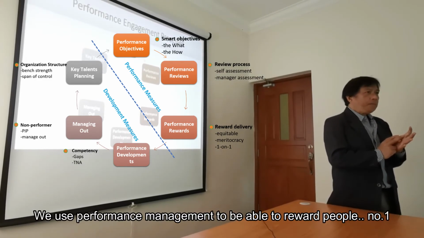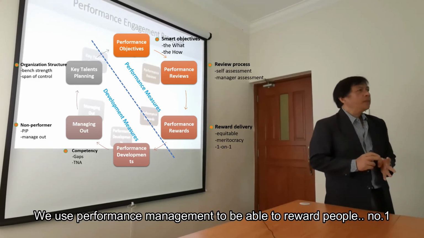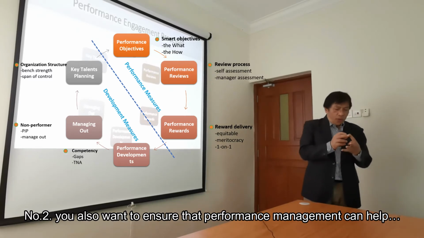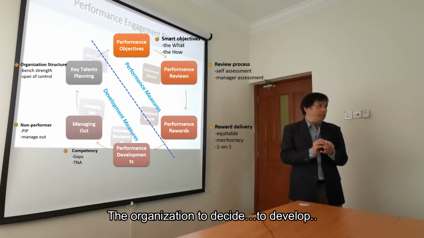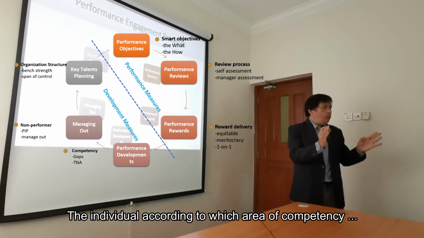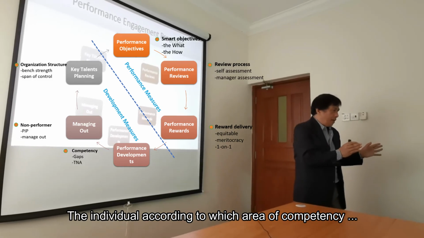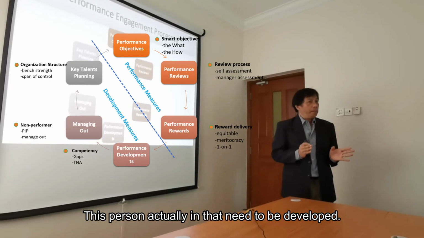Correct or not? We use performance management to be able to reward people. Number one. Number two, we also want to ensure that performance management can help the organization to develop the individual employee, deciding which area of competency this person is lacking in and needs to develop.